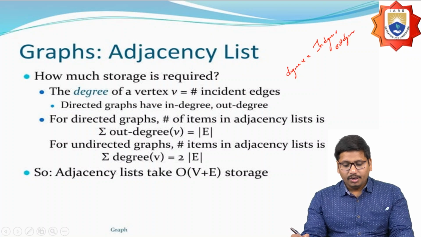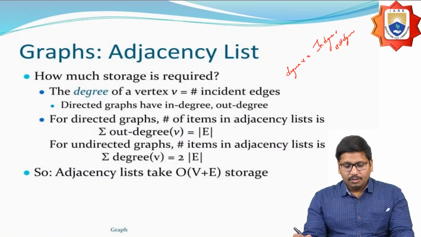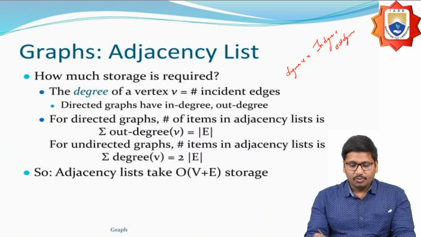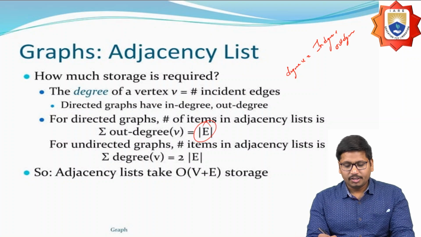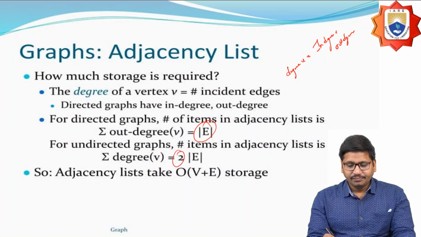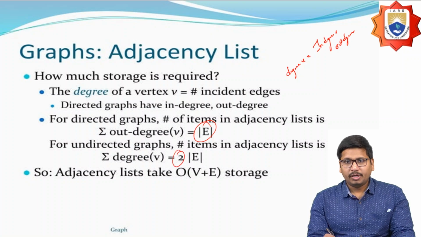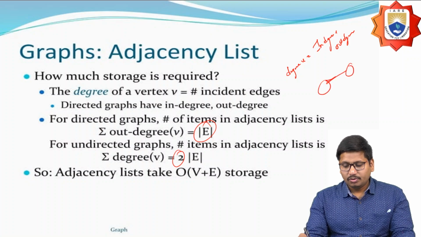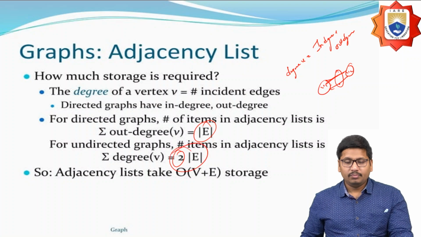So the out-degrees sum should be given as mod of E. In case of an undirected graph, it should be 2 multiplied by mod of E. If I represent it, I can go from V1 to V2 and then V2 to V1 also. The two possibilities appear. That's why I have multiplied with 2 and not 3.